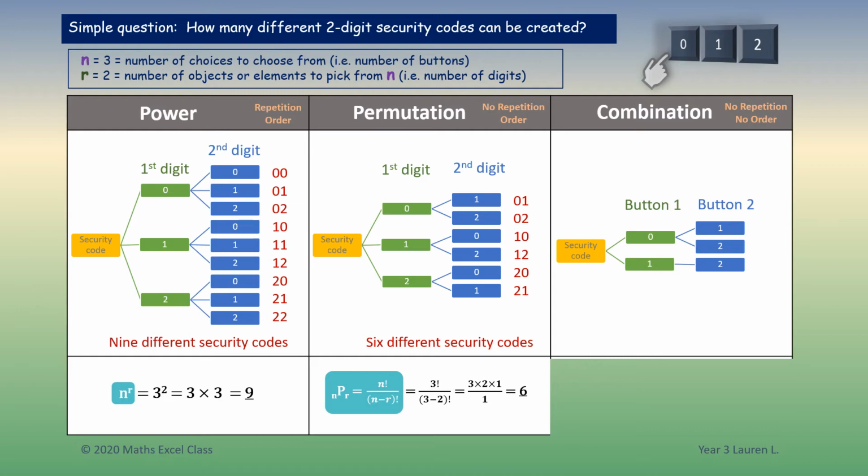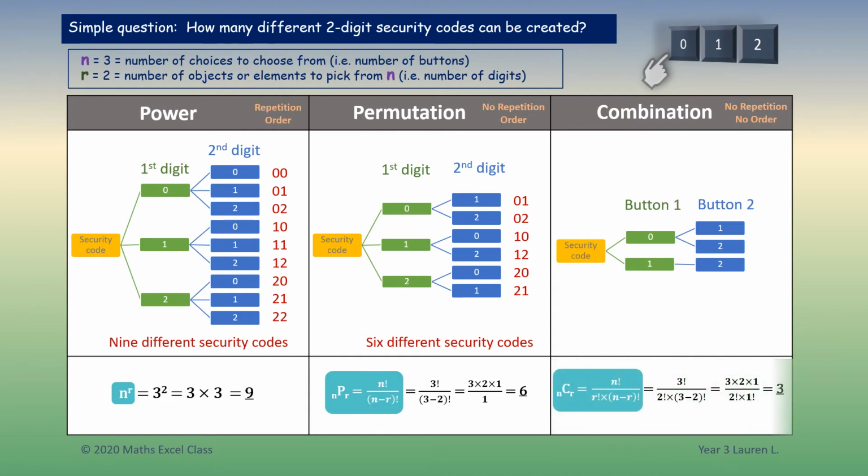If you wanted to solve it with a formula, nCr, or in this case 3C2, you would have n's factorial over r's factorial times n minus r's factorial. In this case, it would equal 3's factorial over 2's factorial times 3 minus 2's factorial.